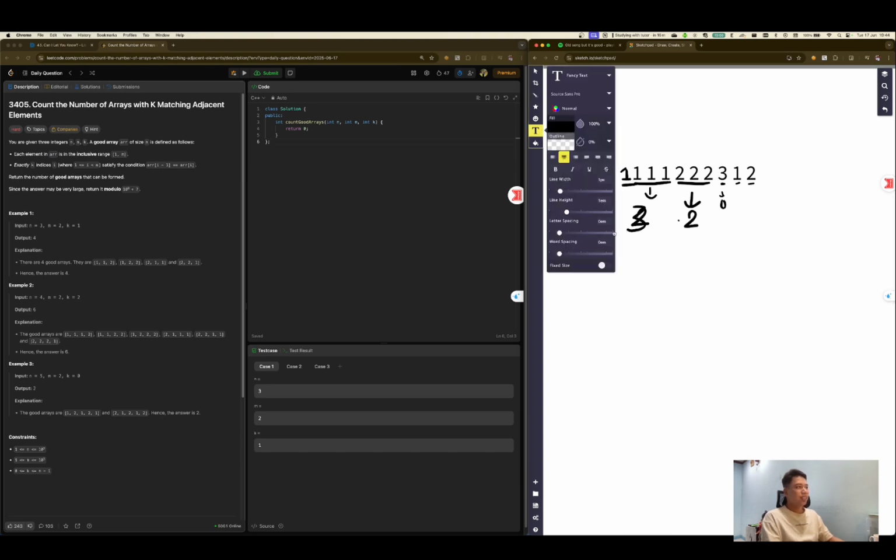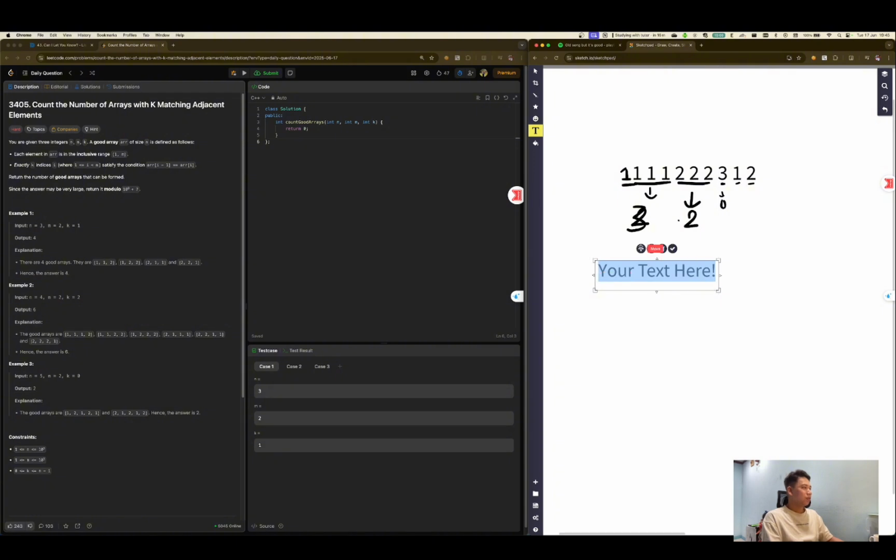So obviously it's like a continuous subarray that has the same values. If its length is c, we have c minus 1 indices i such that element i minus 1 equals element i, right?